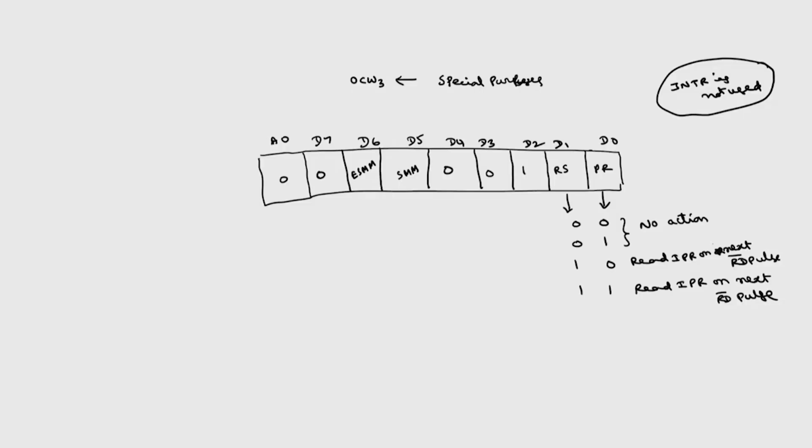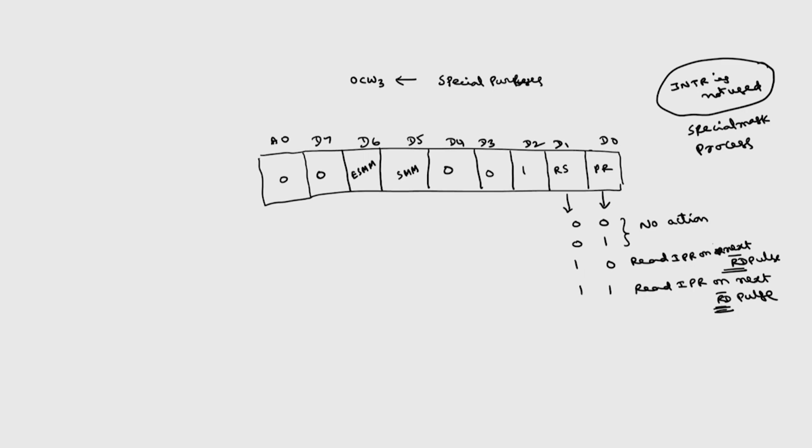Whereas in case of OCW3, in case of a special mask, this INTR is not used in the special mask process. Only the read bar signal. So during the second pulse, during the third pulse, we are going to send this 10 and 11, corresponding to these two bits.